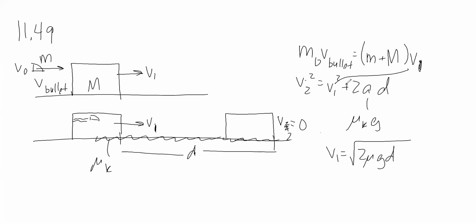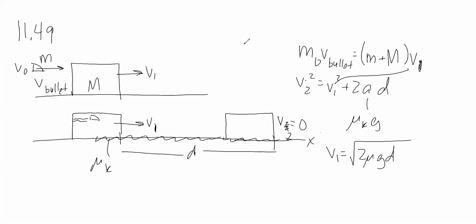Hopefully you can resolve all these minus signs, because if you define the coordinate system that is positive to the right, then initial velocity is positive, V2 is negative, A is negative, D is positive, and so the negatives should all cancel out. So that is the expression for the velocity after collision, before it slides a distance d.